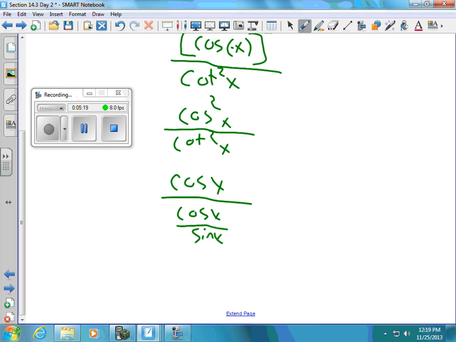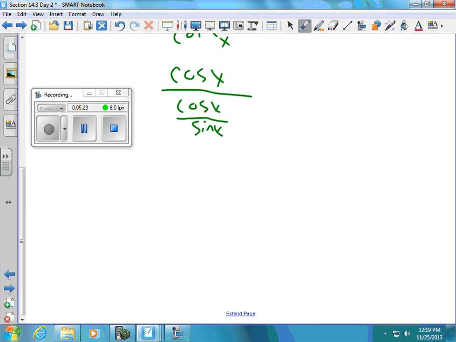When we divide by a fraction, it's the same as flipping the bottom fraction and multiplying. So we're going to flip cosine of x over sine of x, and multiply sine of x over cosine of x times cosine of x. Notice the cosines cancel out.